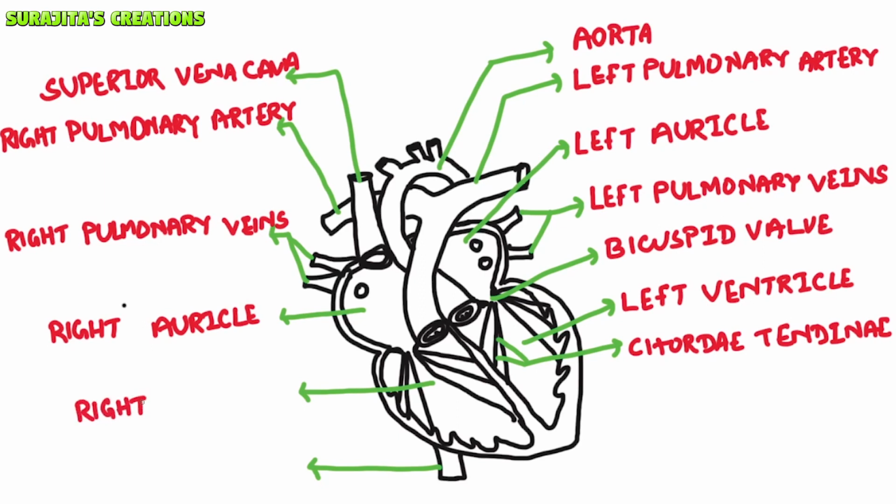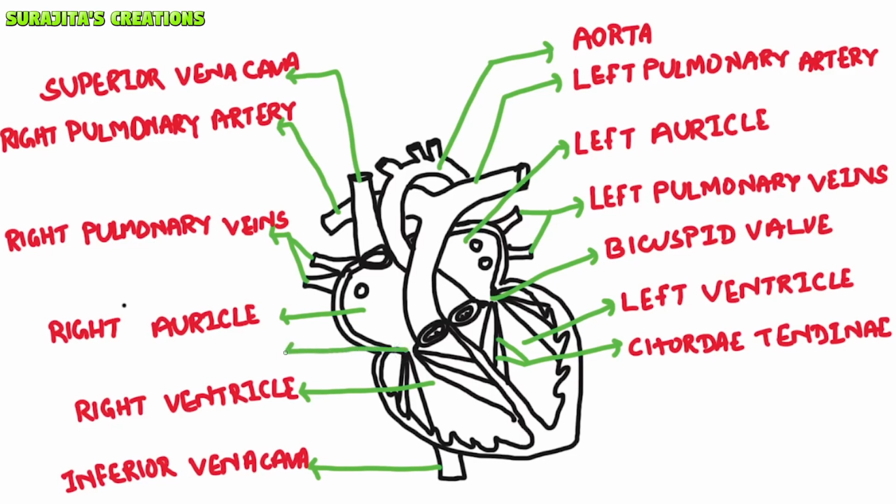Label it as right ventricle. This is the inferior vena cava. Then label this structure as tricuspid valve.